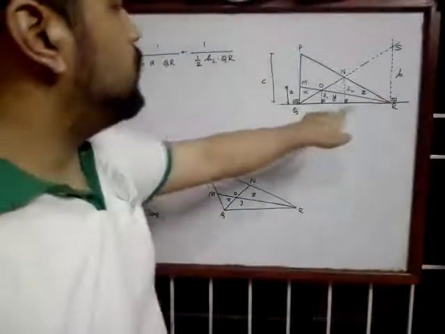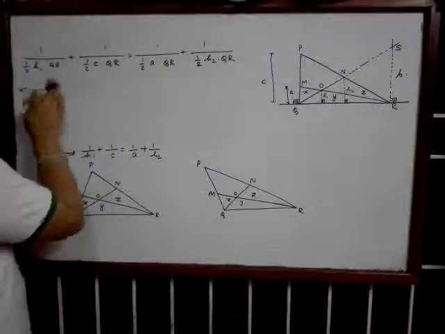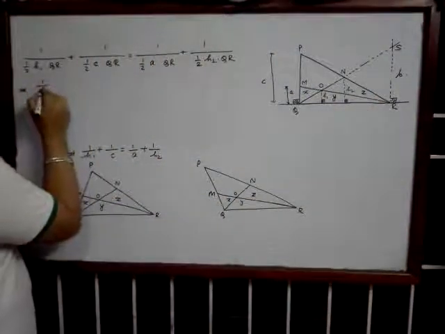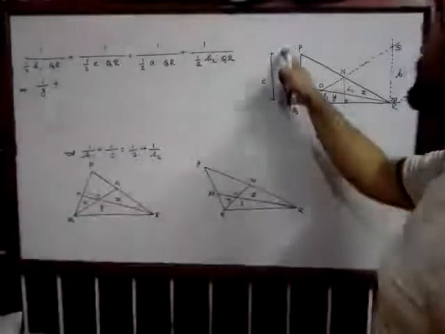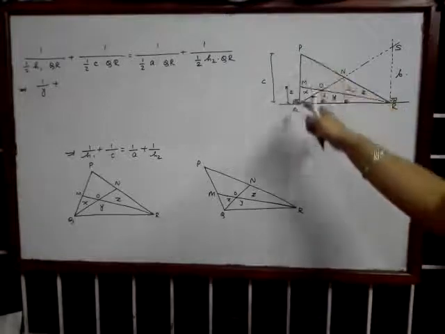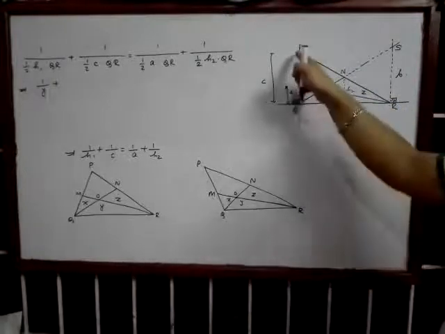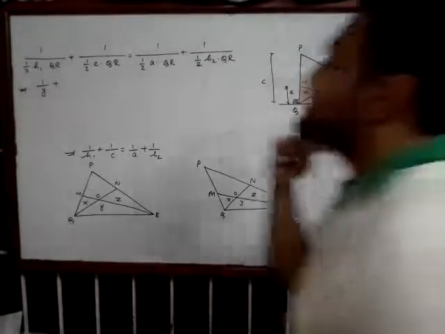Half H1 QR means this triangle QOR, whose area is y, plus half C into QR. C into QR means area of triangle PQR, which was delta.